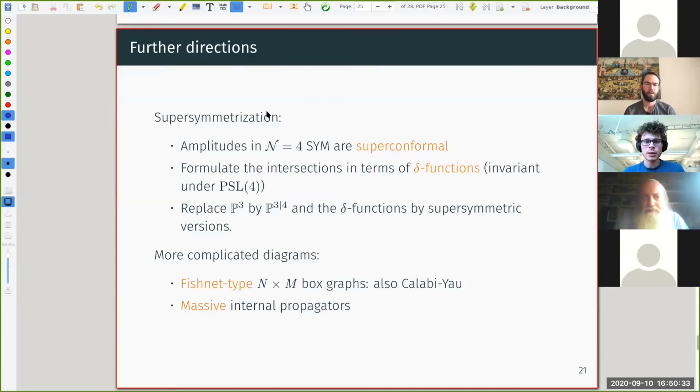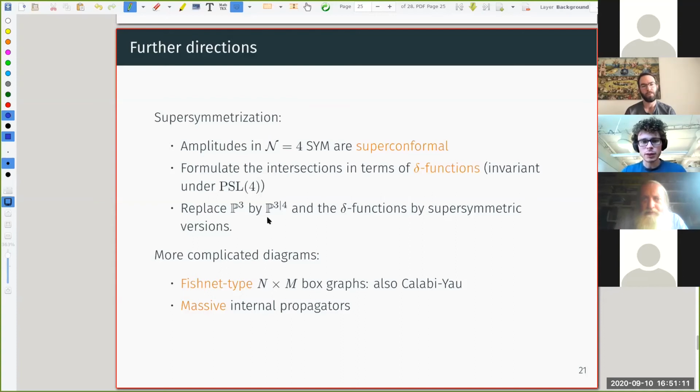The way this can be done is you do the whole analysis again, but you formulate all these intersections of the lines in terms of delta functions that are nicely invariant. Then at the end, it's very easy to supersymmetrize because you would just replace P3 by P3|4 and the delta functions by some supersymmetric version. That's one thing that can be explored a bit further.